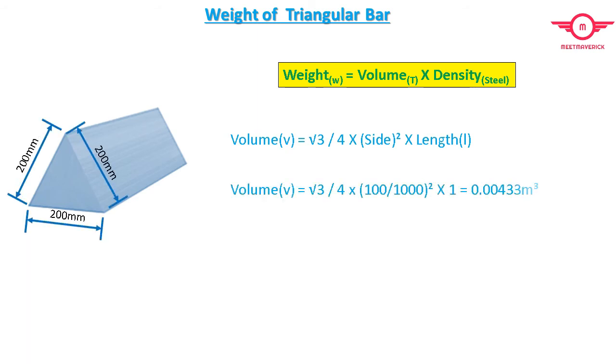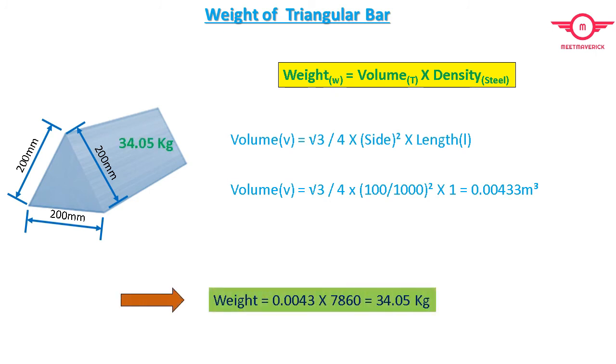So the calculation is like root 3 divided by 4 into (100 upon 1000) whole square into 1, is equal to 0.00433 meter cube. So weight is 0.0043 into 7860, which is equal to 34.05 kg of that triangular bar.